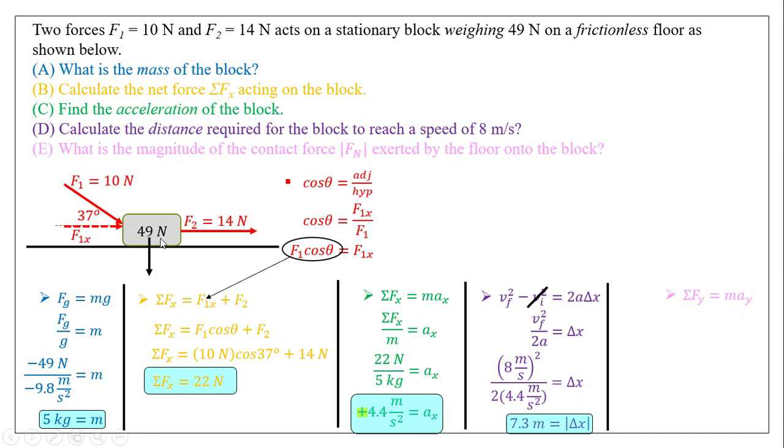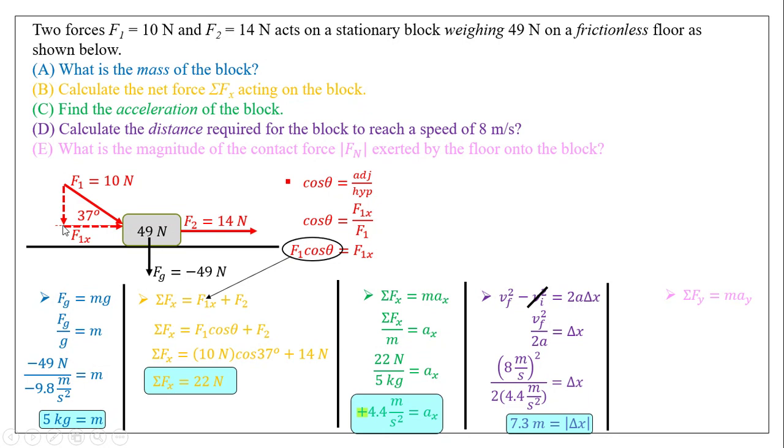The weight of the block, which is pointing down the page, is given to us. So Fg here is negative 49. I include the negative sign because the vector is pointing down, but it's up to you. You can put 49, as long as you know how to interpret the 49. And then F1y, which is a diagonal pointing down and right, so therefore the F1y needs to be pointing down.